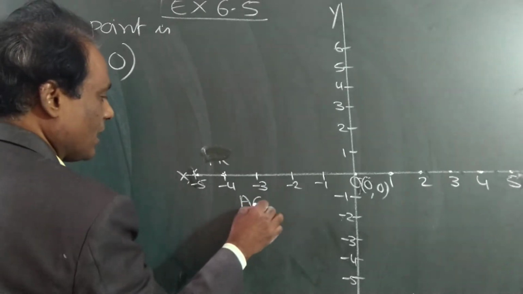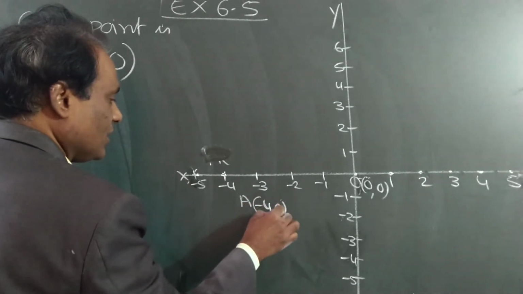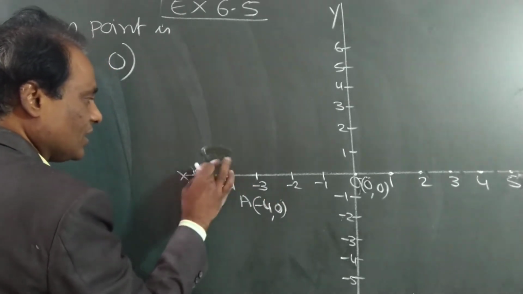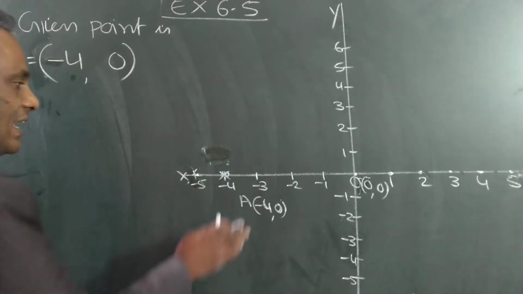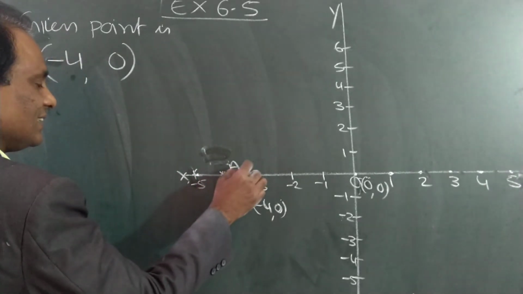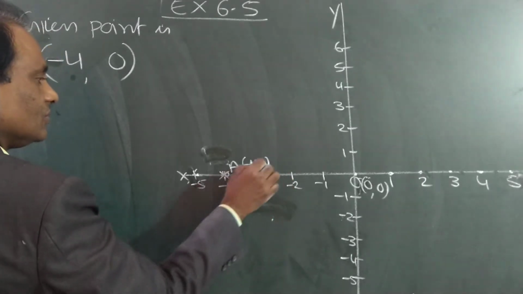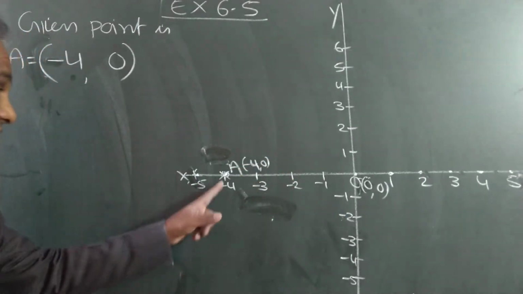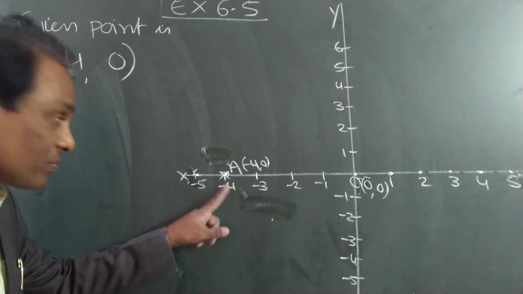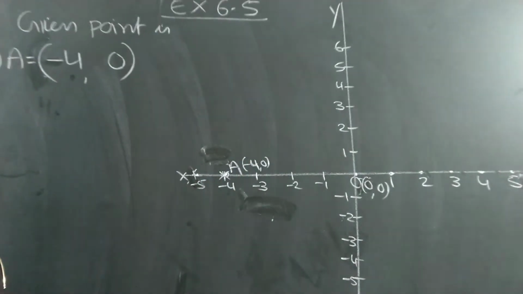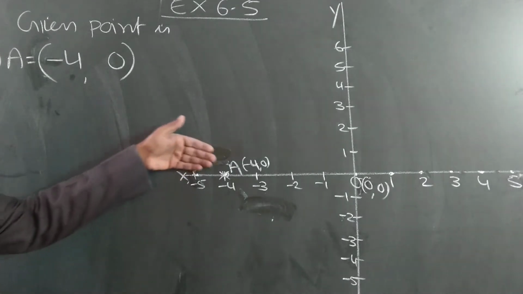This is the point A. X value -4, y value 0 means it is on the x-axis.